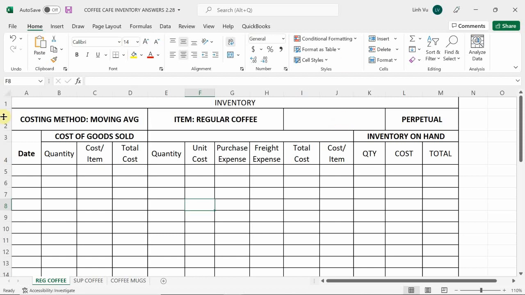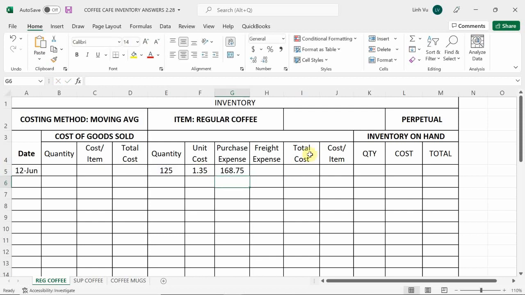Okay, so again, we made a purchase on the 12th. We're going to skip over the cost of goods section because we didn't sell it yet. We purchased 125 pounds at a unit price of $1.35 each. So therefore, what is my total purchase price?